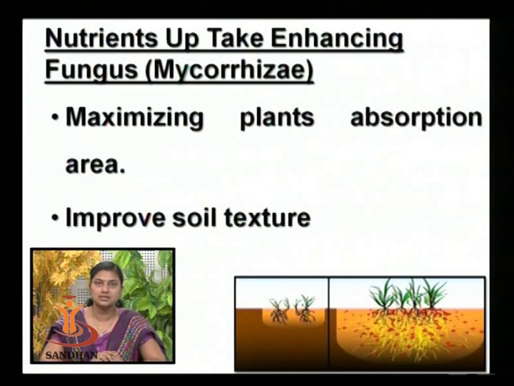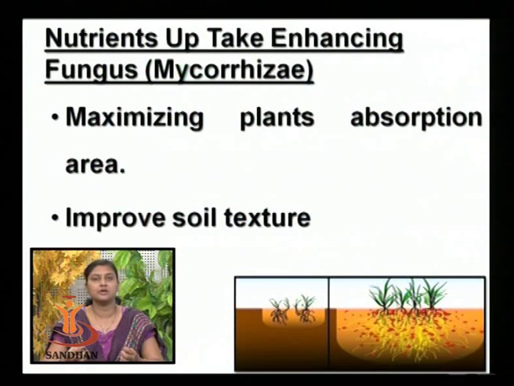Root is present in the soil substratum and is responsible for taking up nutrients, but root is not such a wide area. At that time, mycorrhizae comes into association with the plant root, enhancing its surface area in such a way that more and more nutrients are taken up by the mycorrhiza and the plant grows more and more.